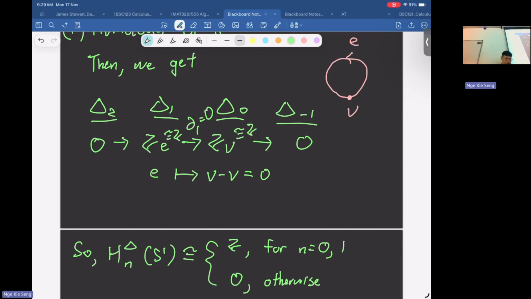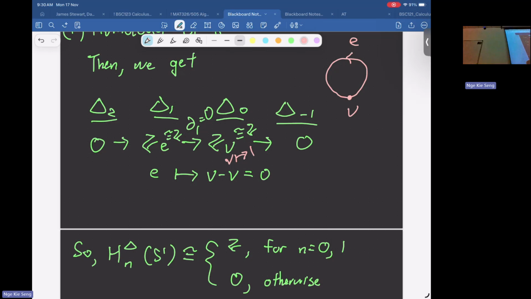Is it isomorphic to Z? You can build this isomorphism, right? Send V to 1. Isn't delta 0 just containing V? No, it's a linear combination of V. It's a free abelian group, so that's why I put a ZV here.